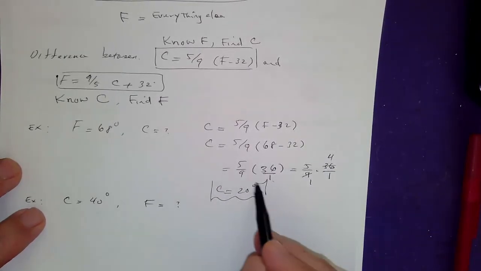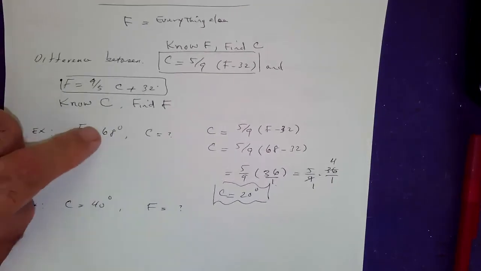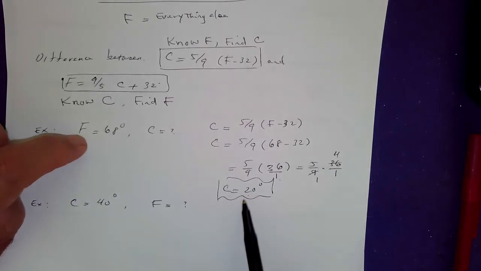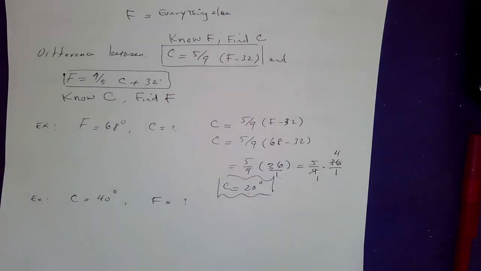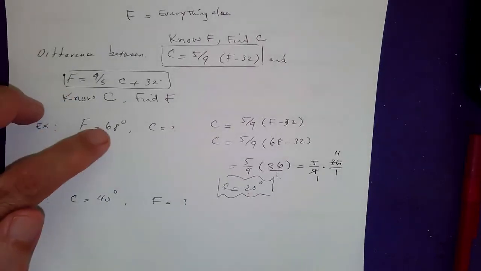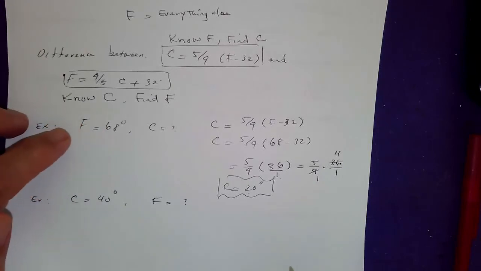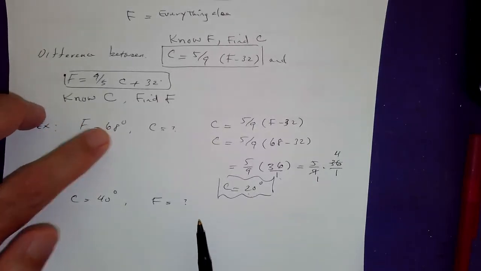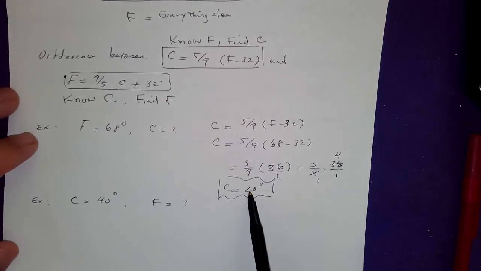So what am I saying? I'm saying 68 degrees Fahrenheit here in this country is just like 20 degrees Celsius, let's say over in Paris. Incidentally, 68 degrees is kind of like room temperature. So the room temperature overseas is 20 as opposed to 68, because they go by different units of temperature.